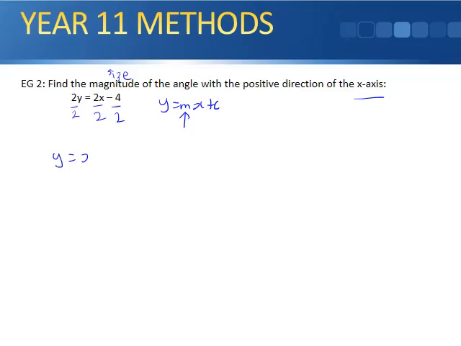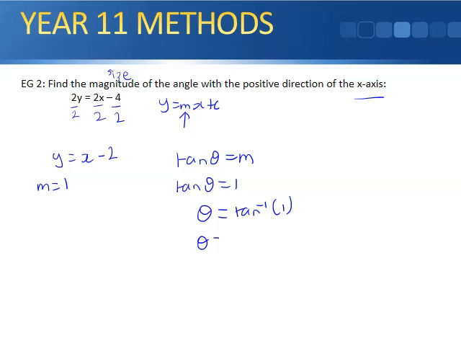I get y equals x minus 2, so my gradient here is 1. And therefore, using the rule tan theta equals m, I get tan theta equals 1, and inverse tan of 1 to find my angle gives me theta equals 45 degrees.